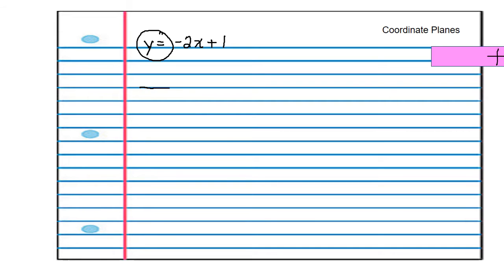Now with the TT table, it's a little bit bigger than maybe some of the other tables that you have used in either the Chalkdust or other math. You have to have some inputs, you have to have some outputs, and we're going to put inside here our math rule, our function, negative 2x plus 1.